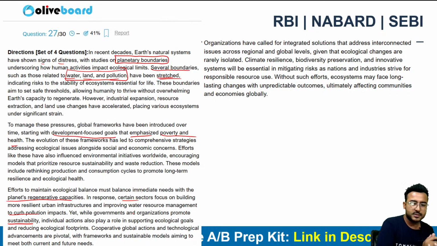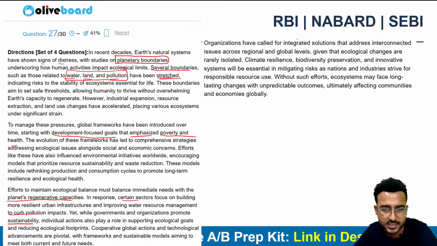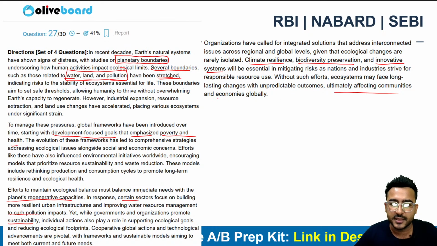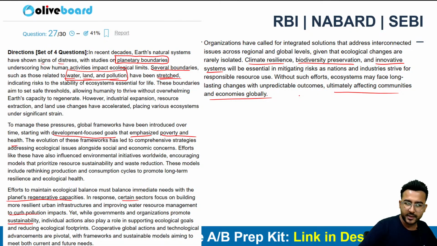Cooperative goals, global actions and technological advancements are pivotal, with frameworks and sustainable models aiming to meet both current as well as future needs. Organizations have called for integrated solutions that address interconnected issues, talking about climate resilience, biodiversity preservation and innovative systems. Without such efforts, ecosystems may face long-lasting changes with unpredictable outcomes, ultimately affecting communities and economies globally.